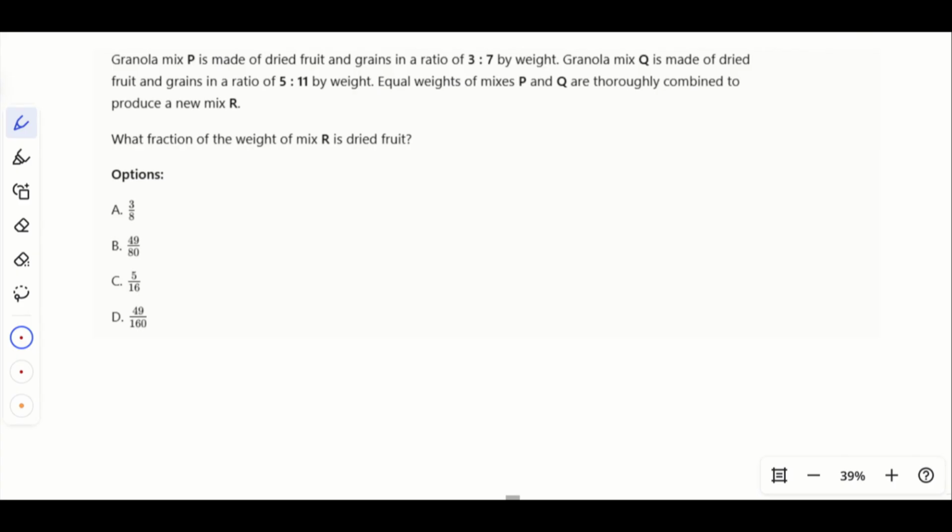So how will you find that? First, let's check the given details. What is given here for mix P? What is the ratio given? 3 is to 7.